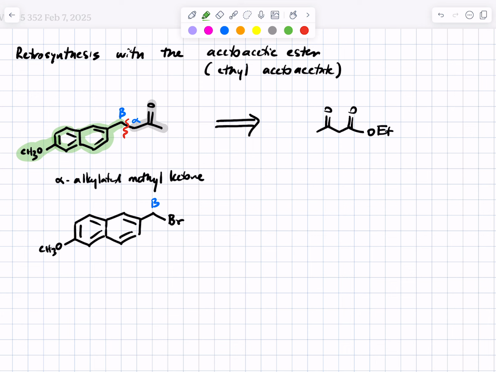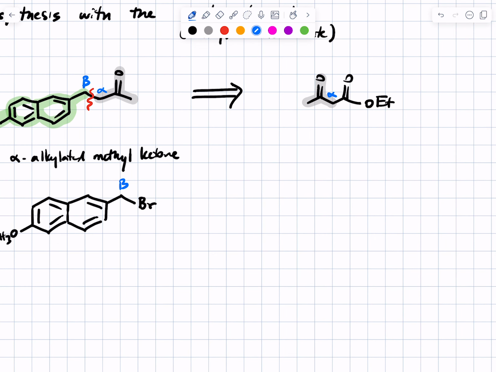So then, if you want to look at how this works in the forward direction, remember that these three carbons, the alpha carbon, the carbonyl carbon, and the methyl group, in the product are these three carbons in the starting material. And the blue alpha carbon on the left is this alpha carbon on the right.